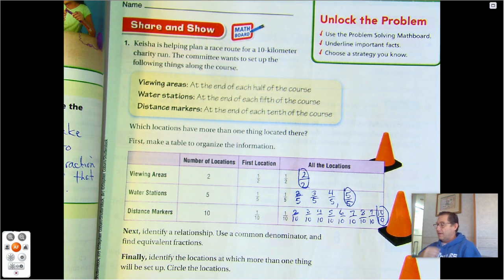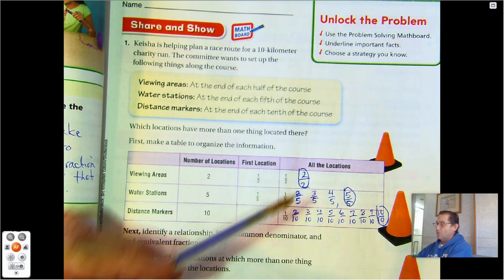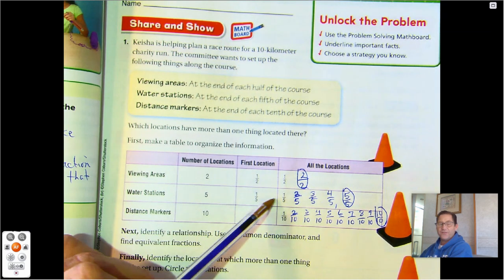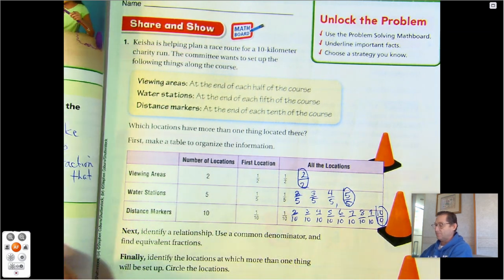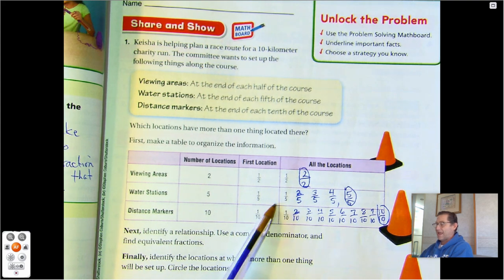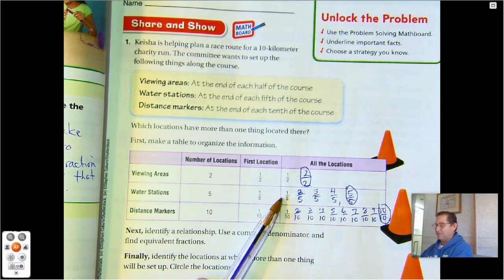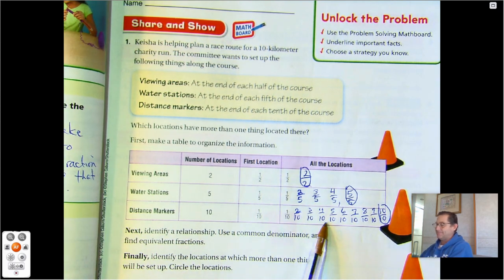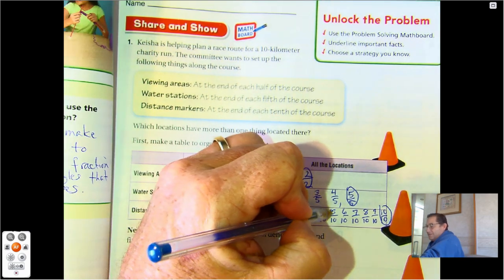Okay, so 1/2 is 2 halves. Are there any other halves in this model? Well, half of 5 is 2.5, so none of these would match 1/2. But how about the 10? 2 times 5 is 10, and 5 times 1 is 5. So 5/10 is equal to 1/2.